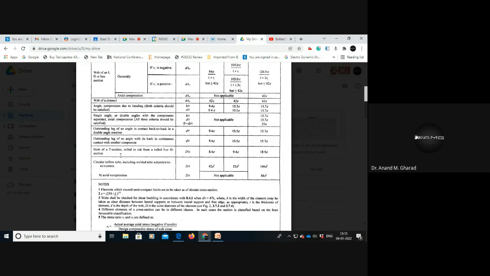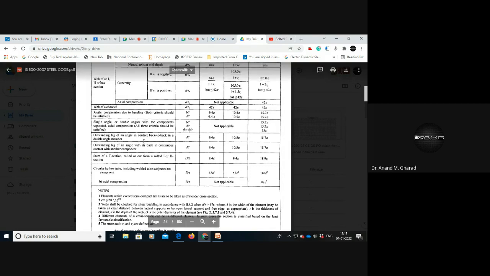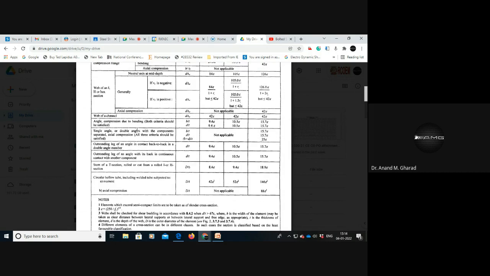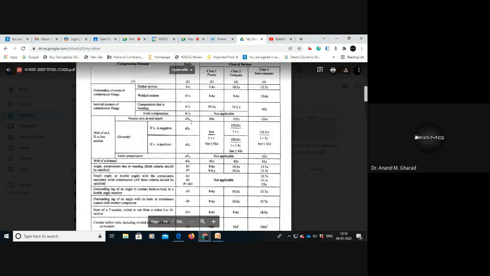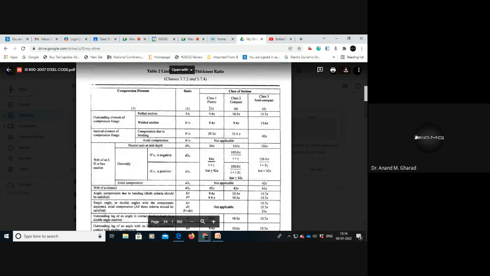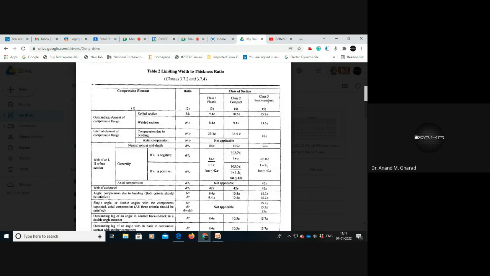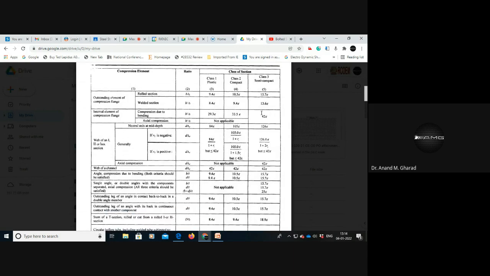fine. So we will come across various cross sections, I mean shapes. For example, angle, then single angle, double angle cross section. We will see how these double angle sections are. So for all the different types of conditions, the width to thickness ratio as per your IS code is defined for different types of cross sections.